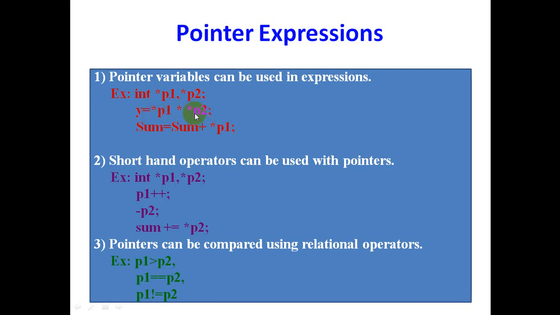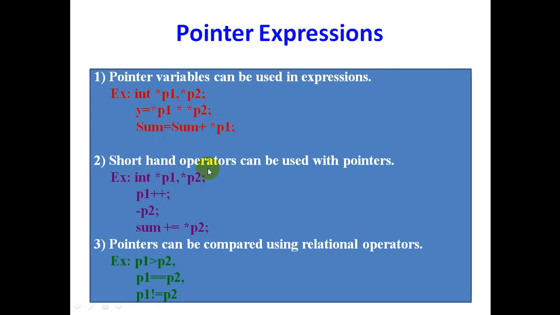The result of the multiplication will be assigned to the variable y, and in the next line, sum is equal to sum plus pointer P1. So the result of the addition with pointer P1 will be stored in sum.